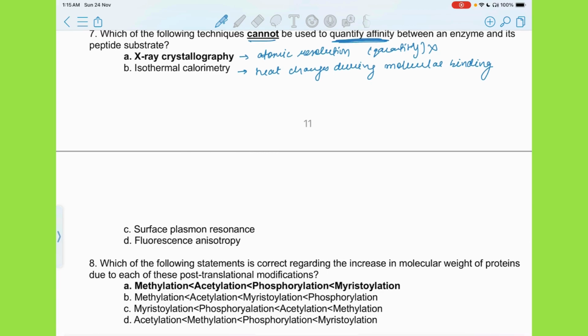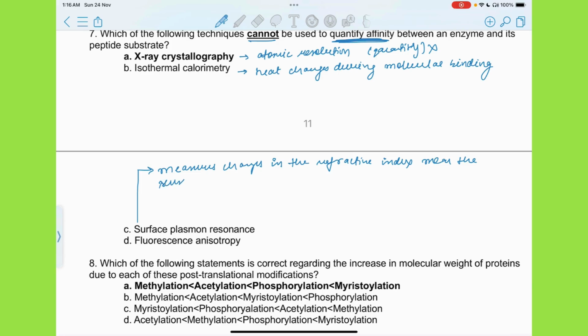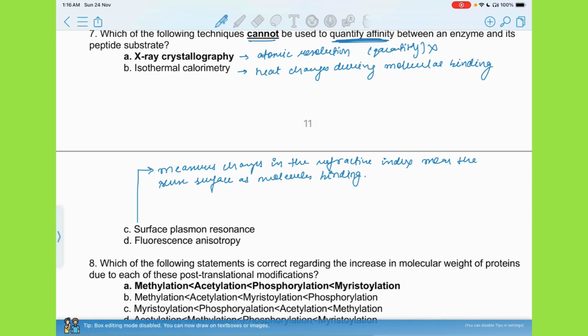Surface plasmon resonance measures changes in the refractive index near the sensor surface as molecules bind. Thus, again giving us a quantified affinity result between the enzyme and the peptide substrate.